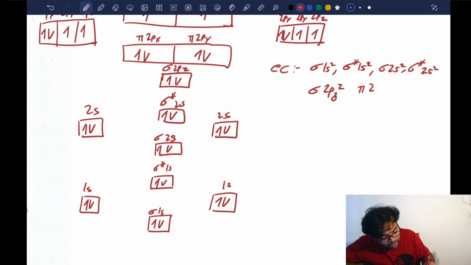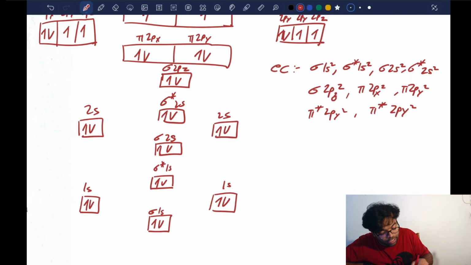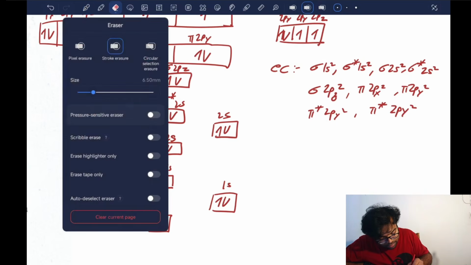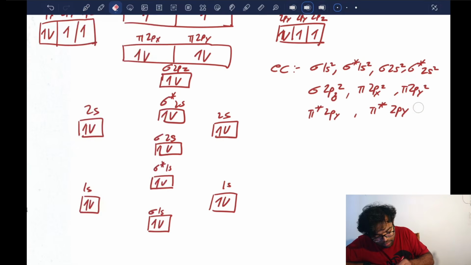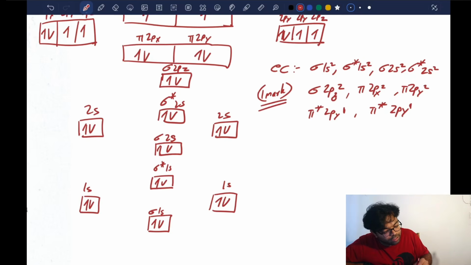Then pi 2px2, pi 2py2, and then pi star 2px1, pi star 2py1. So this is for 1 mark. Okay, understood? So you have written the electronic configuration here.